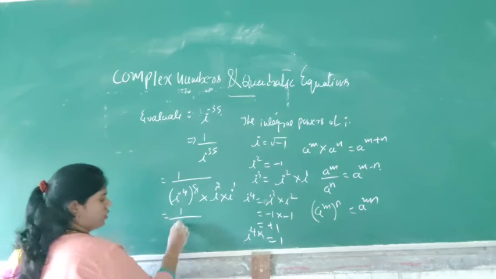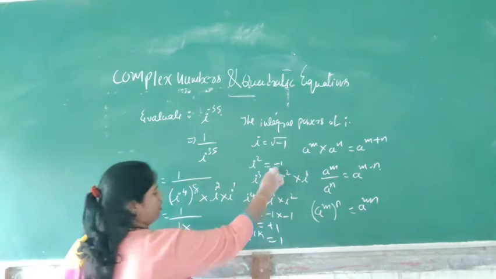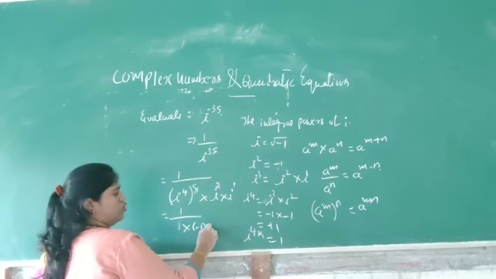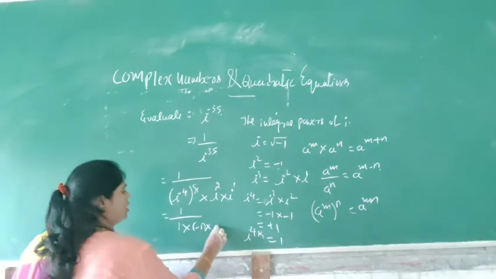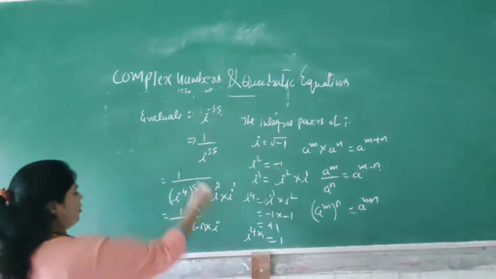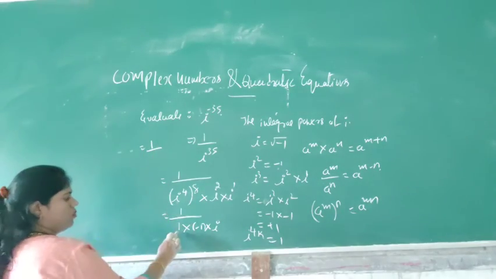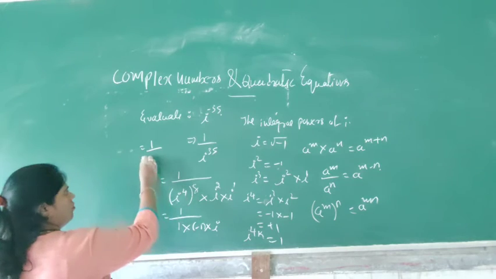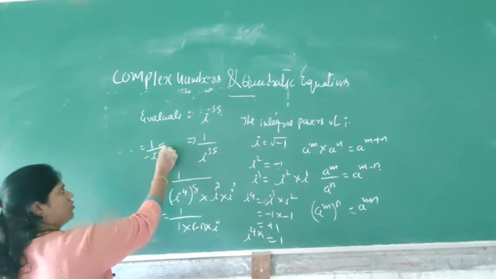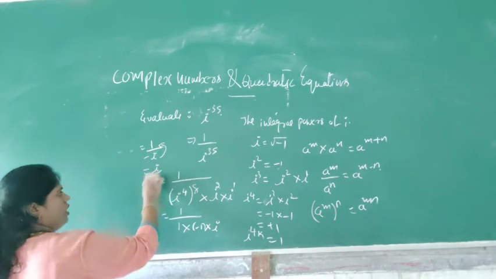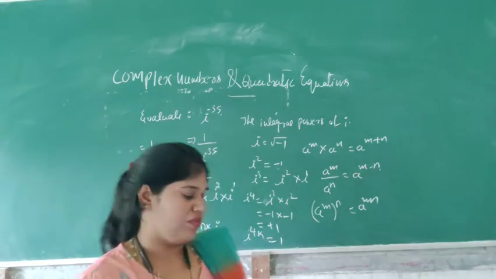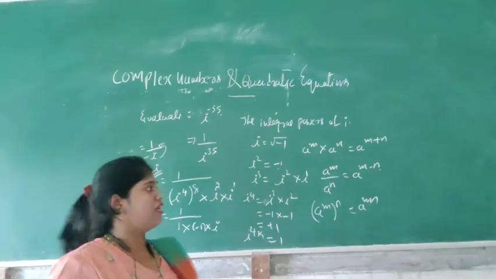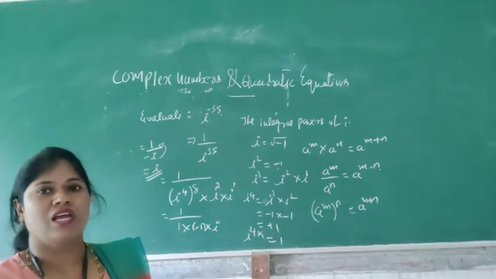I to the power of 4k is 1, i square is minus 1, i cube is minus i. So 1 divided by minus i. If I take it to the numerator, it becomes i. The simplification of 1 divided by i raised to minus 35 is just i.